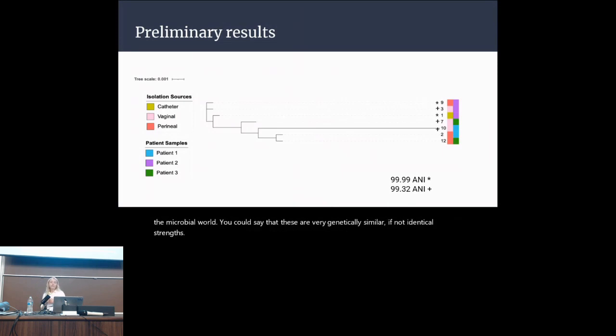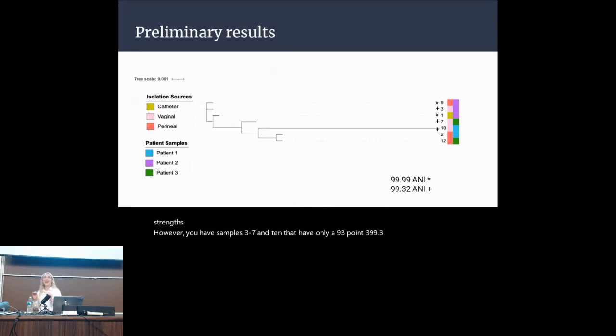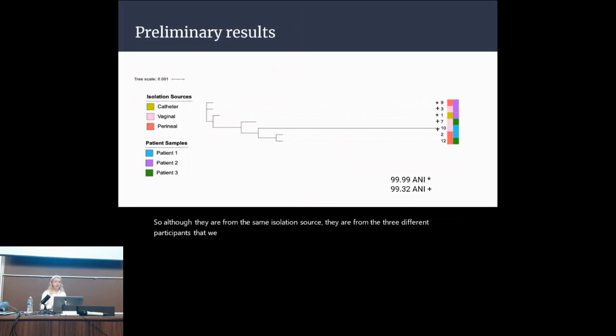However, you have samples 3, 7, and 10 that have only a 99.32% ANI. So although they are from the same isolation source, they are from 3 different participants. What does this mean? What is the bigger picture?